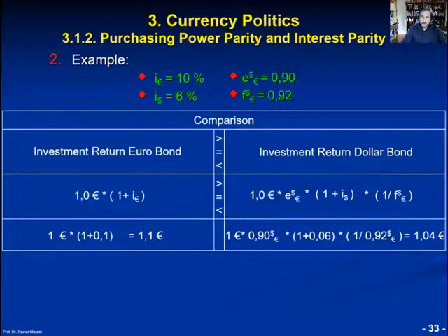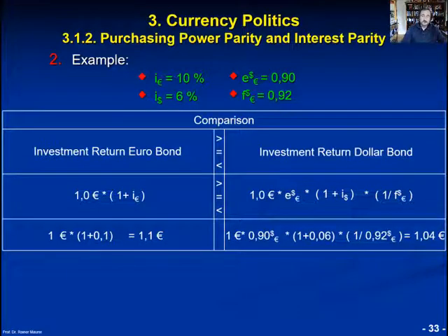The result shows now that the revenue of a dollar investment is with 1.04 euro clearly lower than the revenue of a euro investment, where the revenue is 1.1 euro.